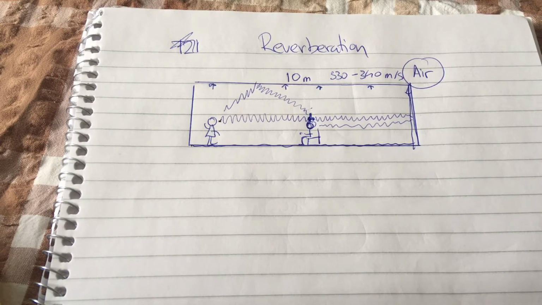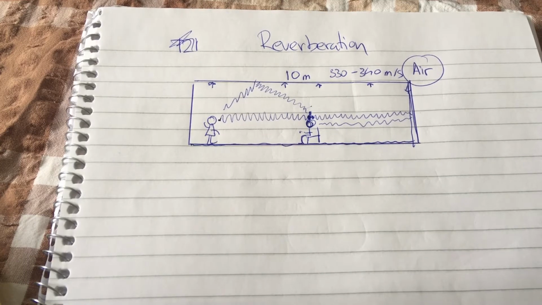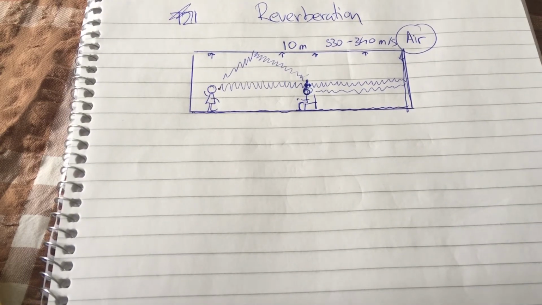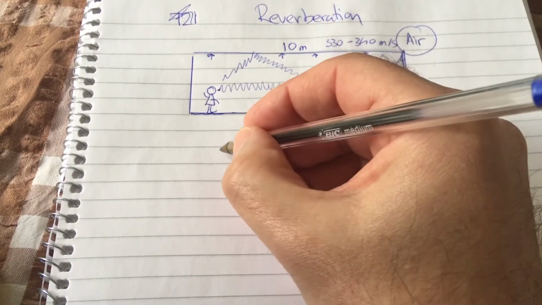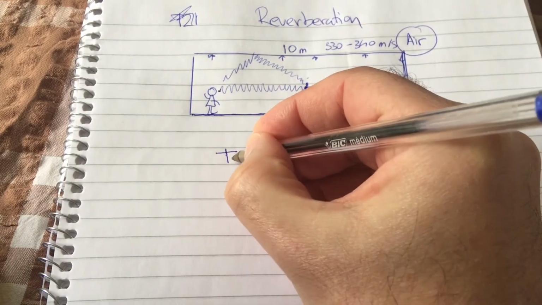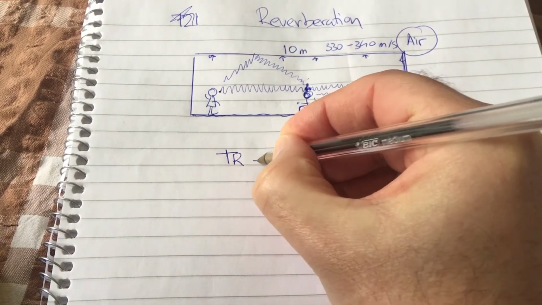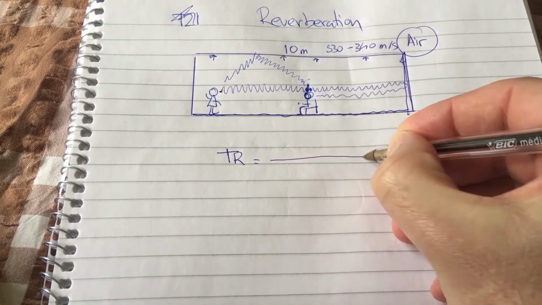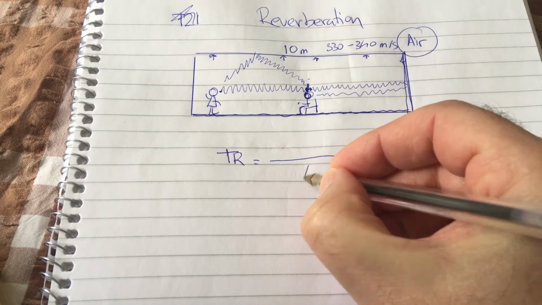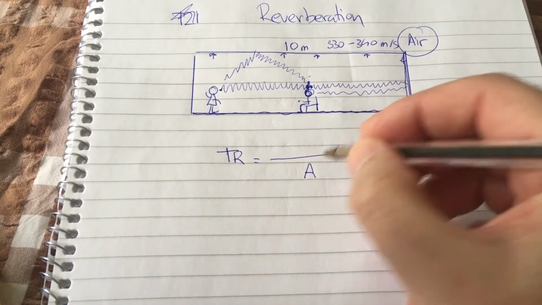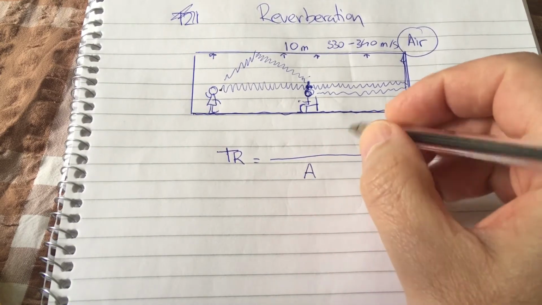Now, what we are doing here is I'm going to work out easily the exercise that you have in your books, in your assignment. And what I'm going to do is give you a formula. So this time of reverberation is equal to the area of the wall absorbing the sound.